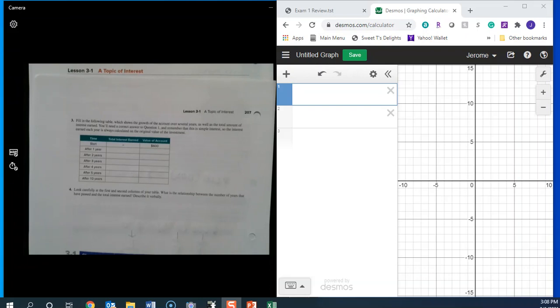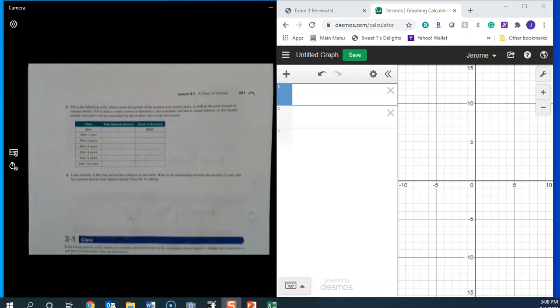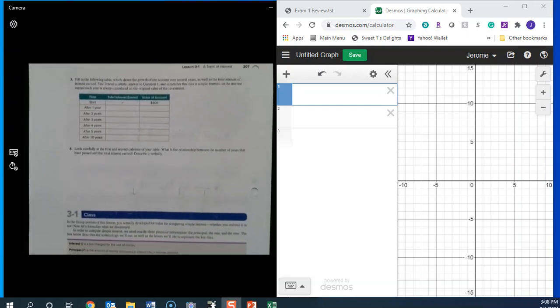Okay, now we move on to the next page. It says fill in the following table, which shows the growth of the account over several years, as well as the total amount of interest earned. You'll need a correct answer to question 1. And remember that this is simple interest, so the interest earned each year is always calculated on the original value of the investment.